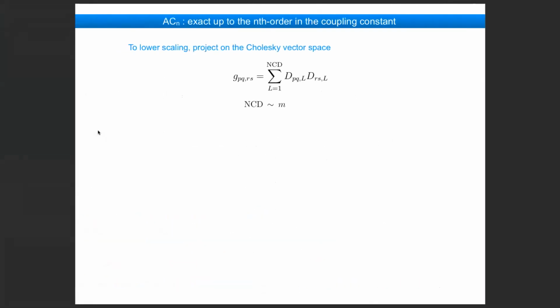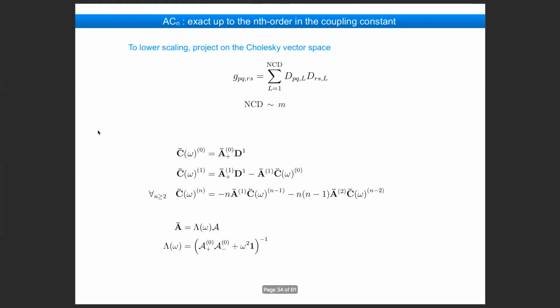But if we use Cholesky decomposition of the integrals, and this is the crucial part in lowering the cost, the scaling to n to 5, you use Cholesky decomposition of the Coulomb integrals. Before that, we had actually figured out that this C matrix, which is a linear response matrix, can be expanded in a Taylor expansion with respect to the coupling constant.